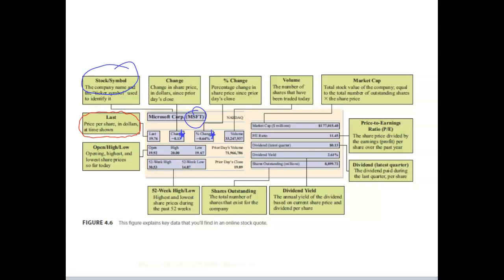And we'll do an example real quick. But like open, high, and low. So open, this is what it opened at. The high today was $20. The low today so far was $19.67. And then they give you some other information like the 52-week high and low. So that's within the last year.